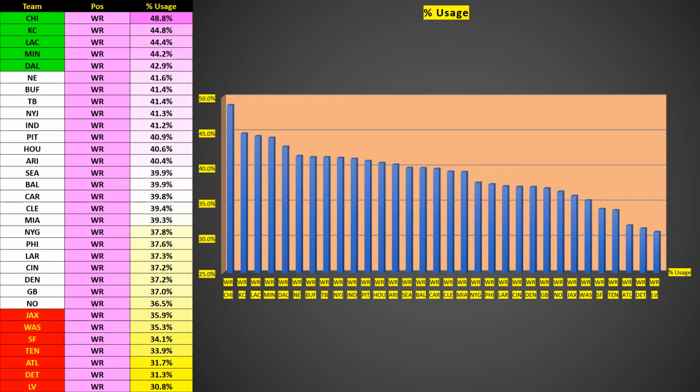You don't get a lot of the middle. It's just not there. So if you're wondering why some of your teams are struggling, take a look at the usage here. See if you need to change that. See if you anticipate usage changes throughout the season. Again, buying low, selling high maybe is the way to go.